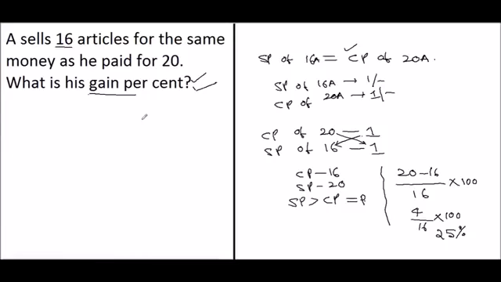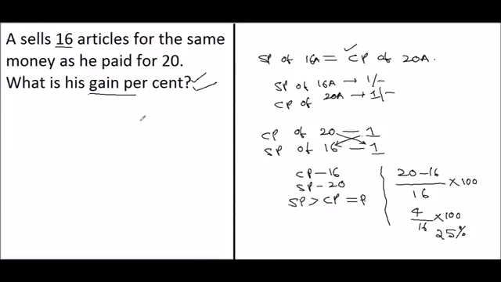So there is a profit. Means every time he is doing this, he is gaining the cost which is equal to 4 articles, 20 minus 16.